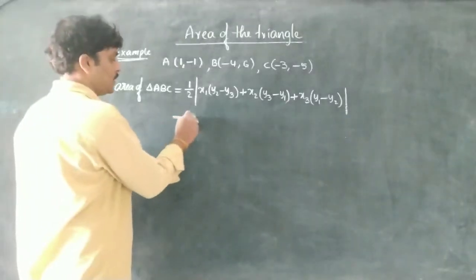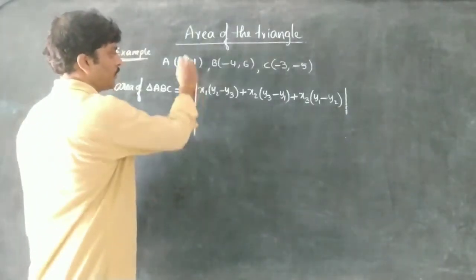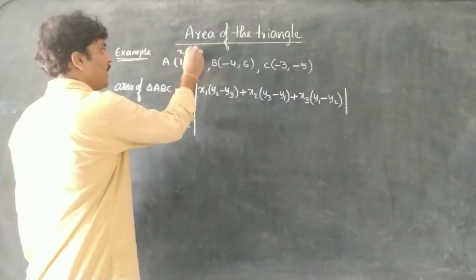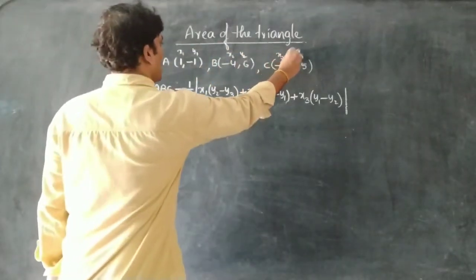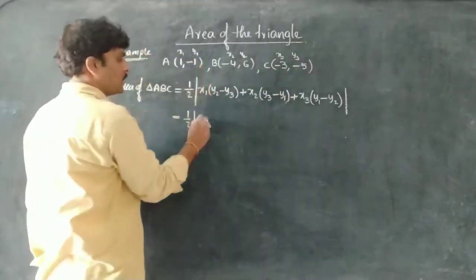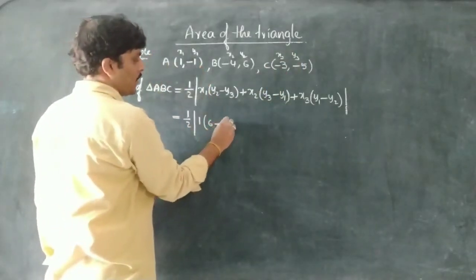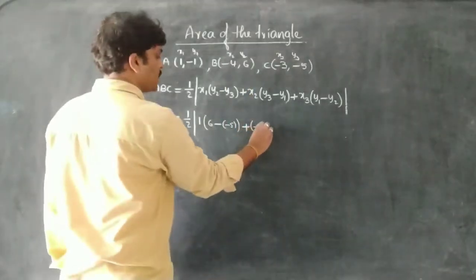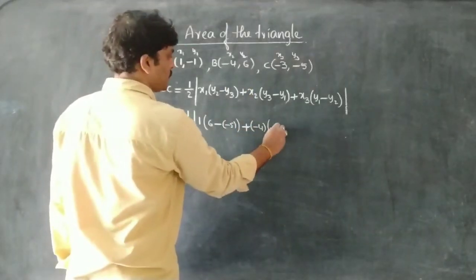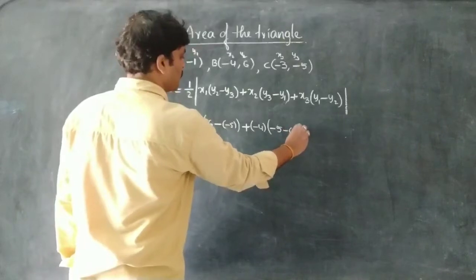So that is 1 by 2 into: x1 is 1, 6 minus (minus 5). Next x2 is minus 4, minus 5 minus (minus 1).